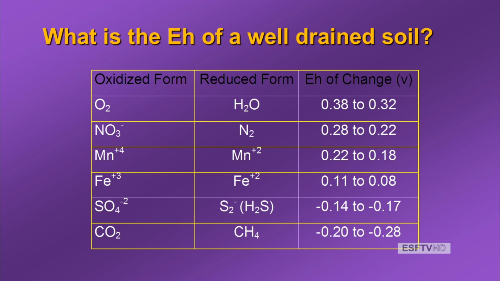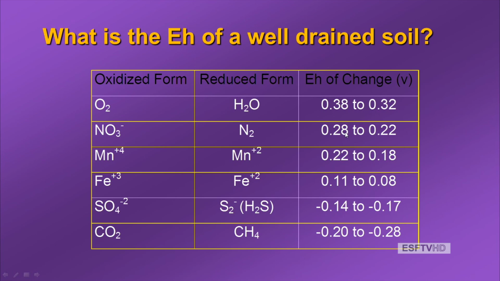The next thing in line to receive electrons is nitrate, NO3 minus. There's no oxygen left, so nitrate starts to receive electrons. Nitrate is reduced to nitrogen gas, N2. And this occurs in the range of the EH of 0.28 to 0.22. And these are volts.